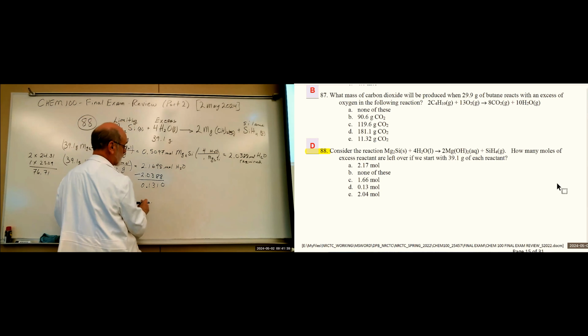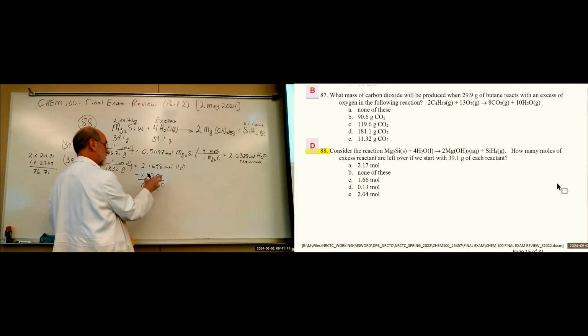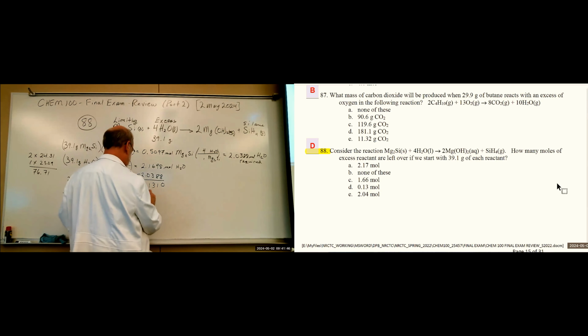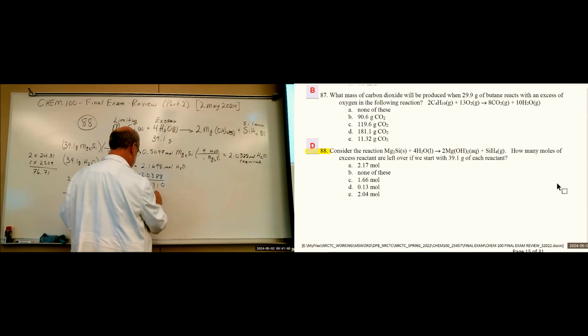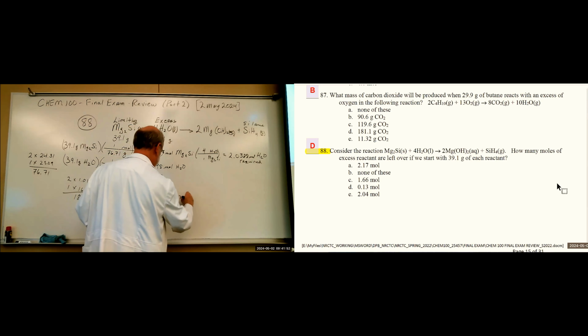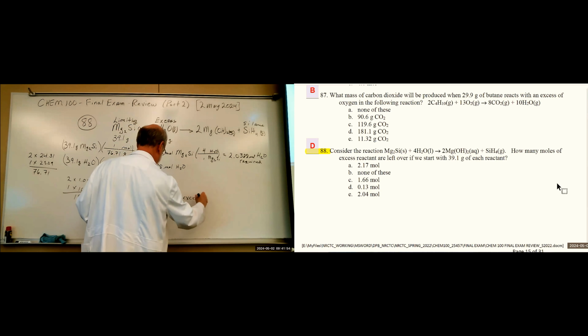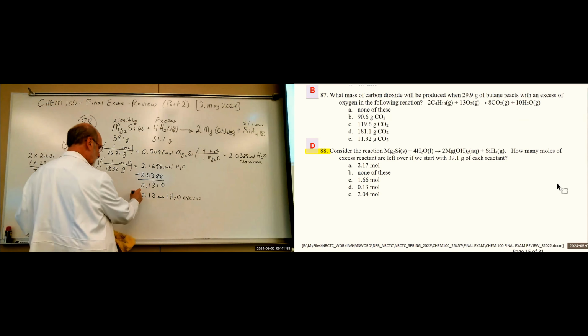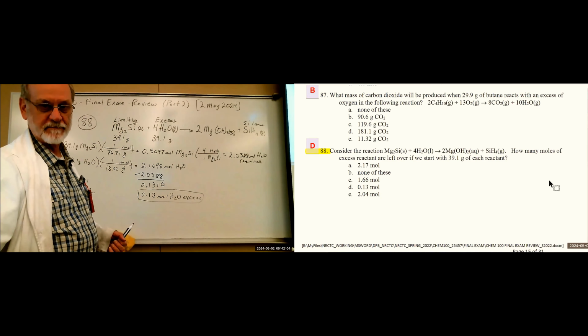We can only keep 2 of those because 3 significant figures here and 3 there would only give us 2 here. So this is actually 0.13 moles of water excess. That's the answer. D.